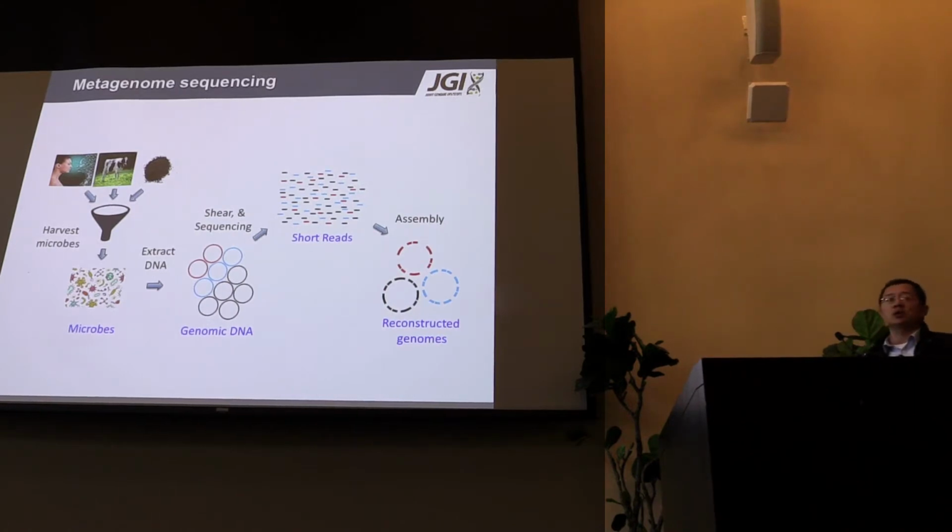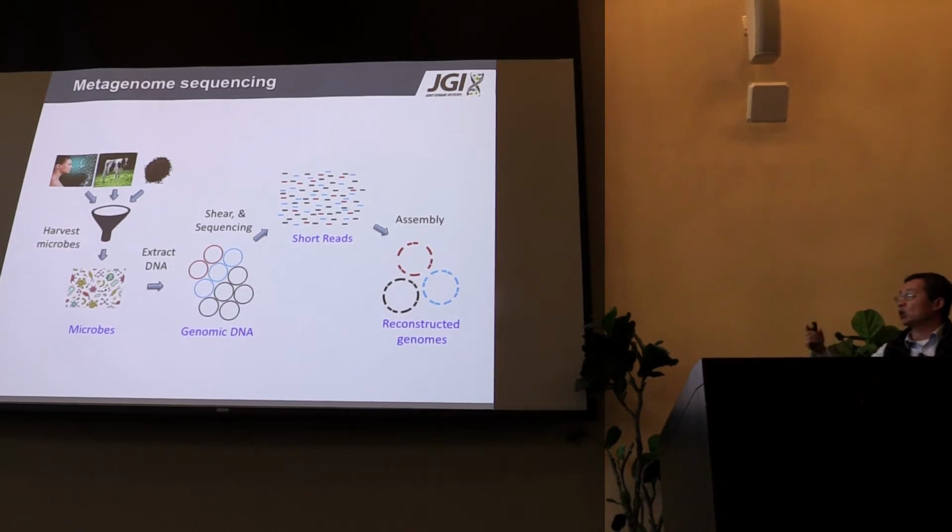So this is how we do it. This new topic is called metagenomics, really the study of microbial communities. So let me just figure out how to show this. We start with the left upper corner. We collect samples from human, from cow, from soil.